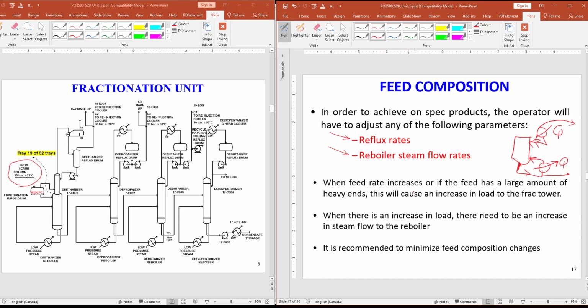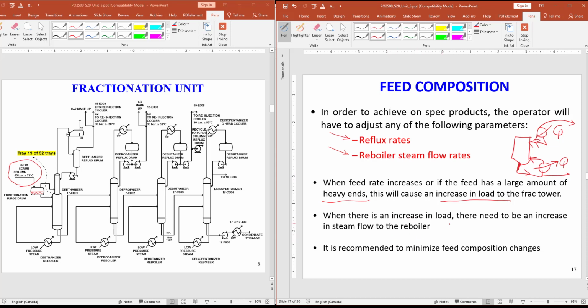If we have an increase in the rate of the feed to the column, the first feed to the de-ethanizer, or we have a large amount of heavy molecules in the feed, this also changes the load of the fractionation tower. Load means we need more cooling load in the condenser and more heating load in the reboiler.